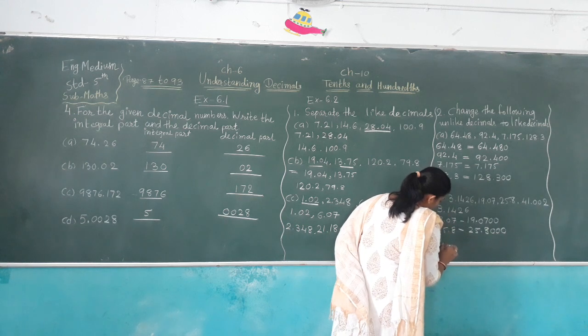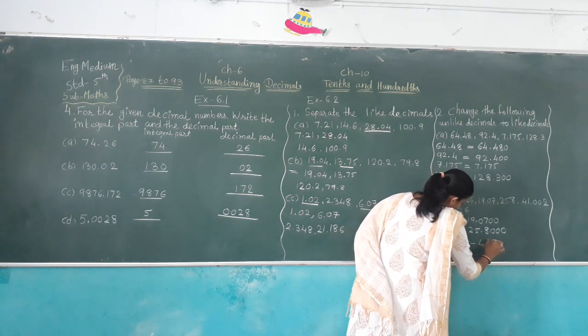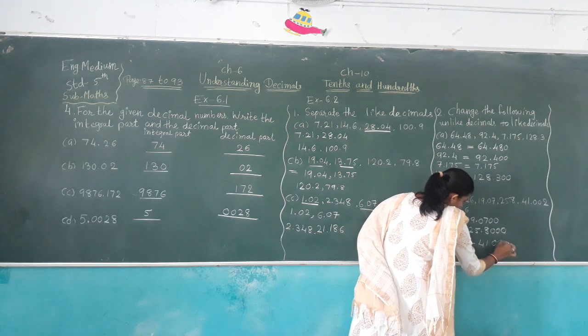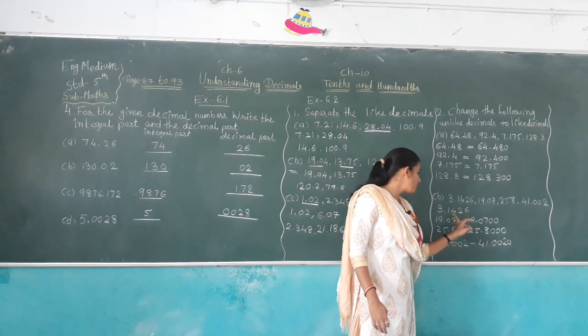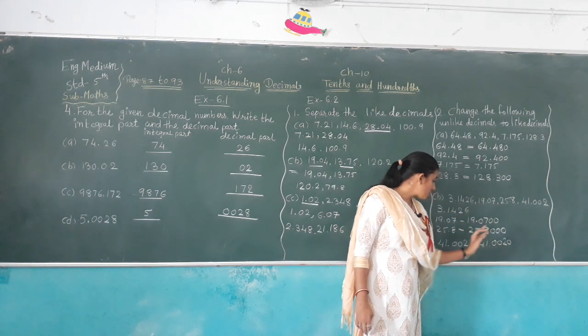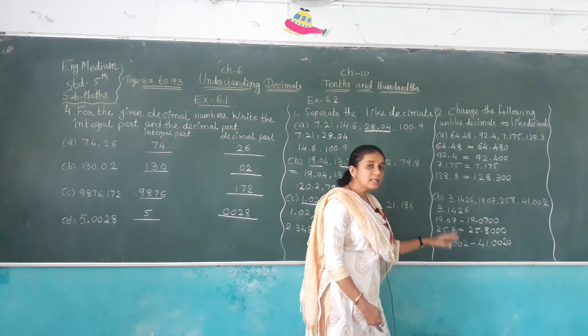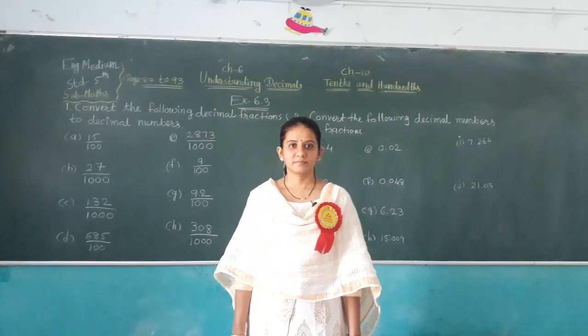Again 41.002, so 41.0020. After the point we want 4 digits, so here also 4, here also 4, here also 4. These unlike decimals are converted into like decimals.